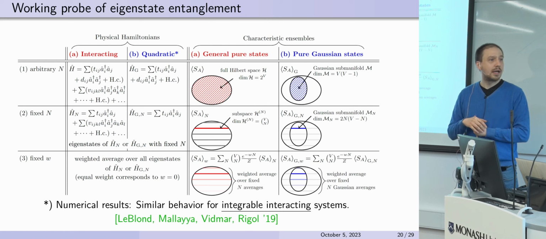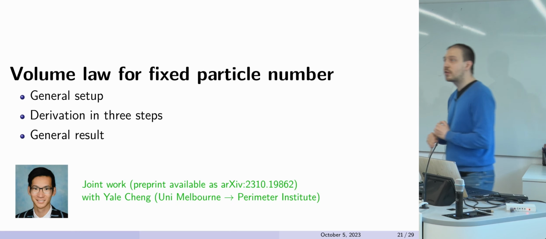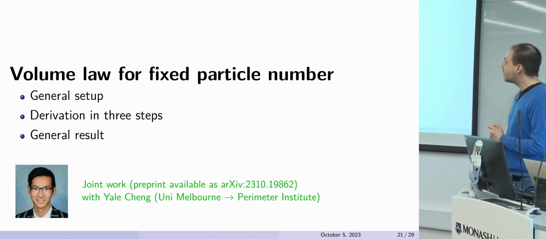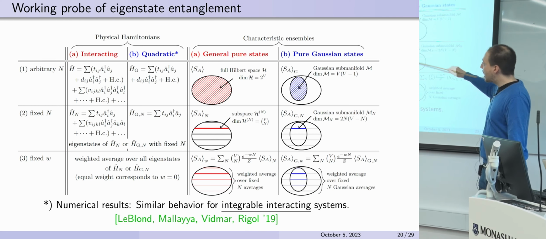I now switch gears a little bit and just want to show you a very general result that we just put on the arXiv a few weeks ago, and that is focusing essentially on this setup, but now going beyond fermions, towards a completely arbitrary system with fixed particle number conservation.